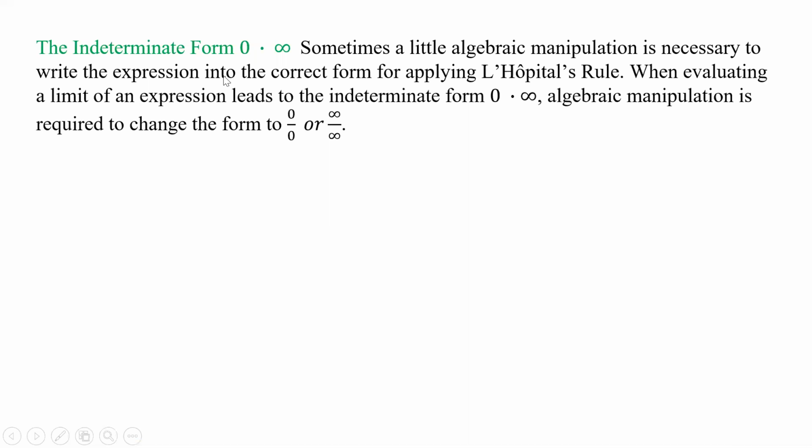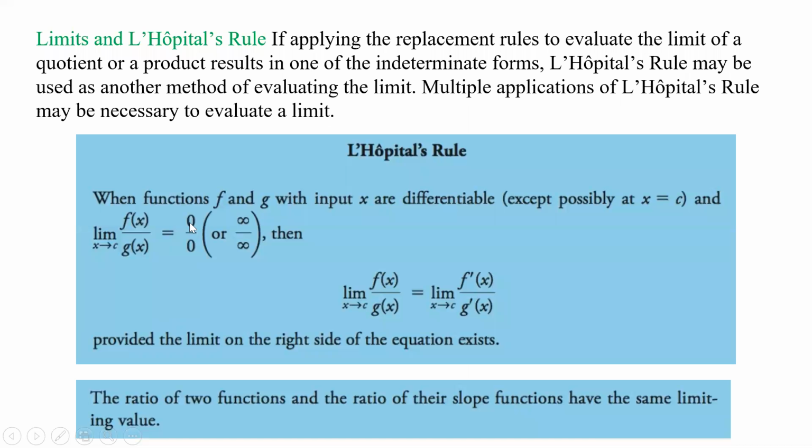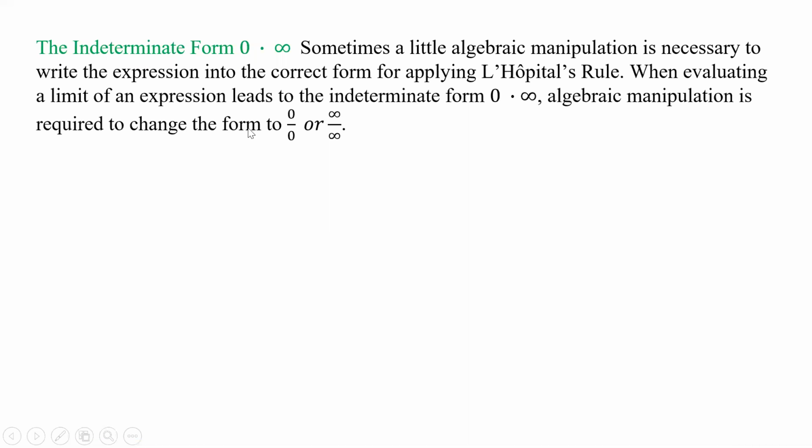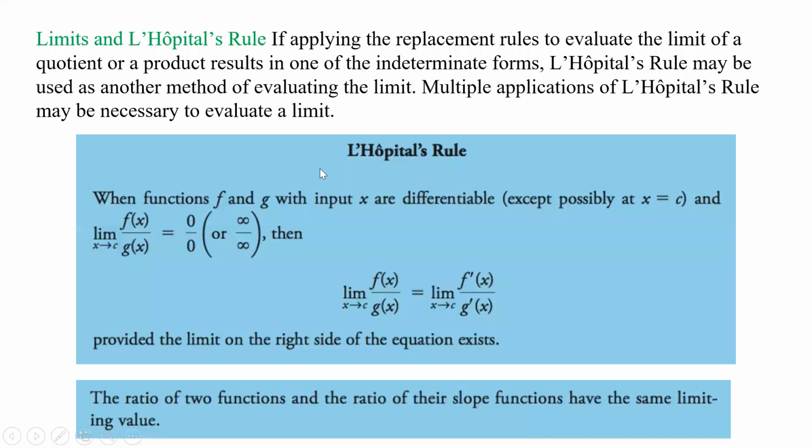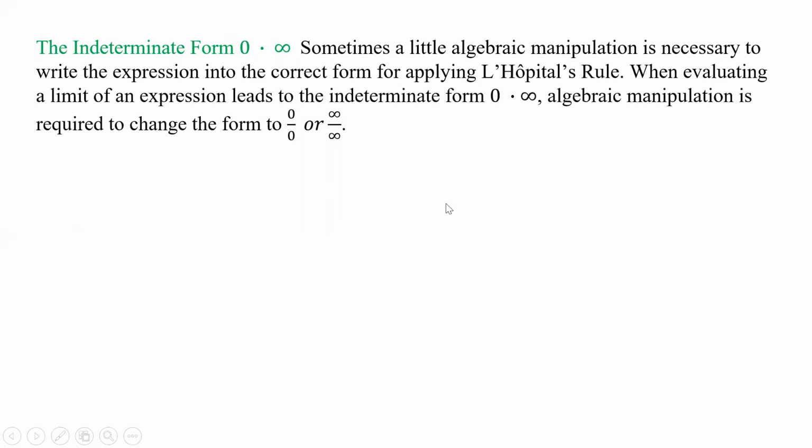What if we end up with something like 0 times infinity? That's different from 0 divided by 0 or infinity divided by infinity. If we have something like that, we're going to have to manipulate the original problem and then apply L'Hopital's rule. If it's f of x times g of x initially, we take one of them to the denominator, changing it from a positive to a negative exponent, and then see if we can evaluate it at that point.